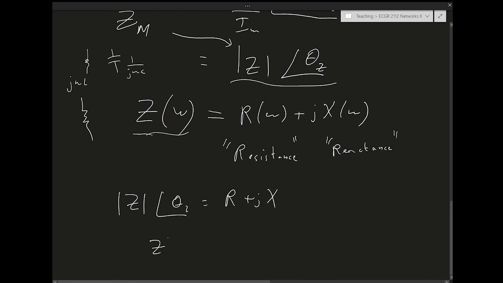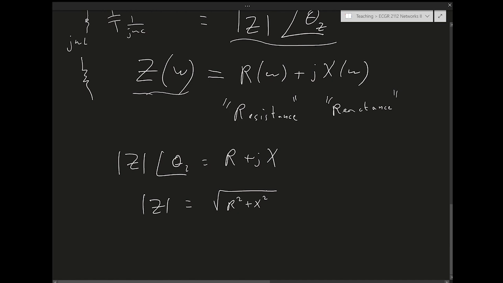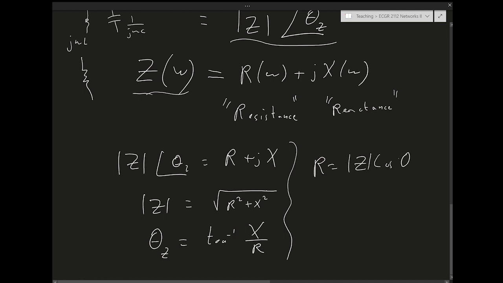So magnitude Z is just the square root of R squared plus X squared, the resistance squared plus the reactance squared, and the angle of the impedance is just tan inverse of X over R. You could also write that R equals Z cosine theta Z, and X equals Z sine theta Z.